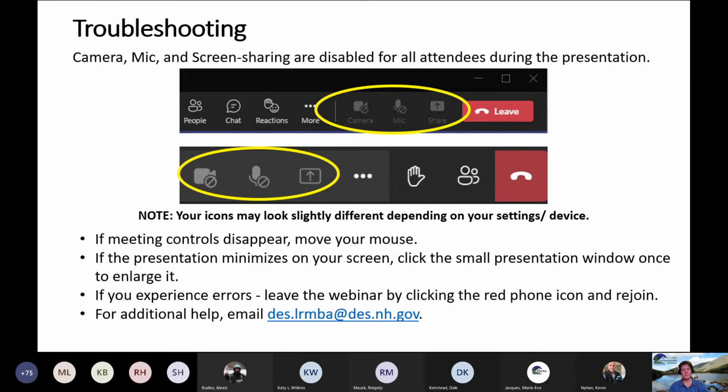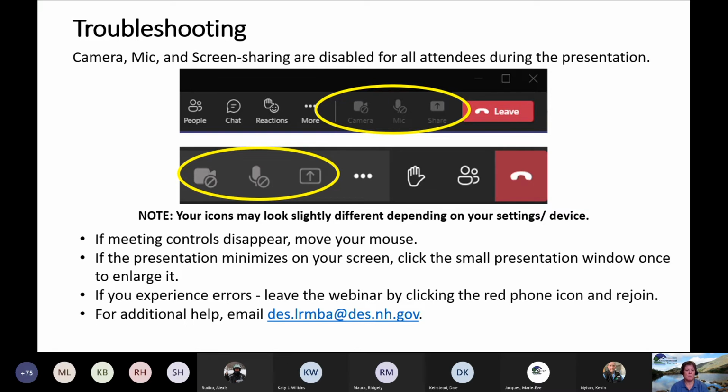Before we get started, we want to go over some troubleshooting, as this is a Teams webinar, which many of you may not have used before. Your camera, your mic, and your screen sharing are disabled during the presentation. That's true for all attendees.